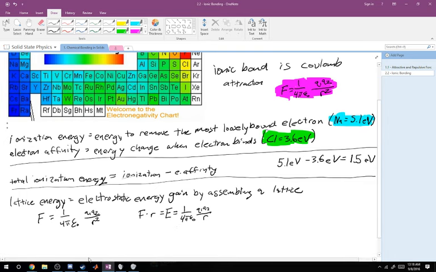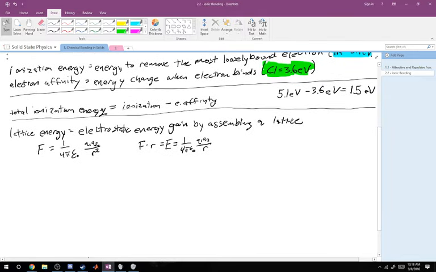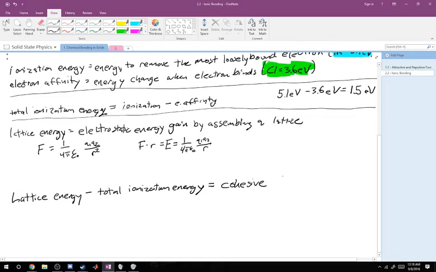And so, not add them together, the lattice energy, which is basically the electrostatic energy gain, minus the total ionization energy, is equal to the cohesive energy, which is the total energy of this entire thing.